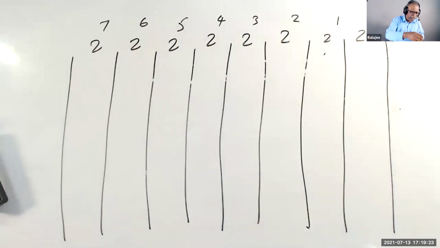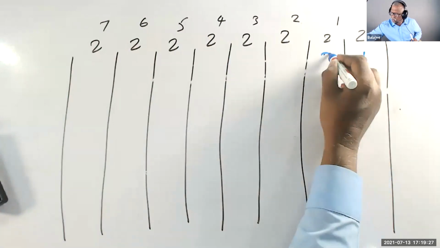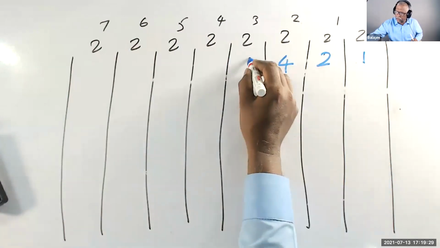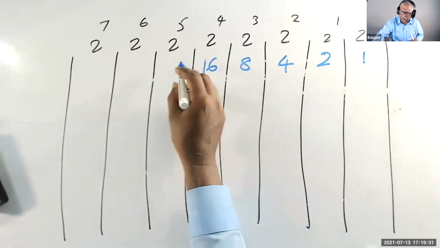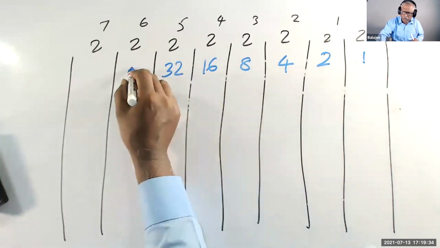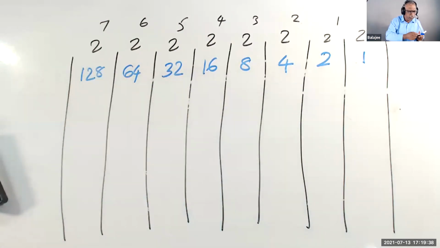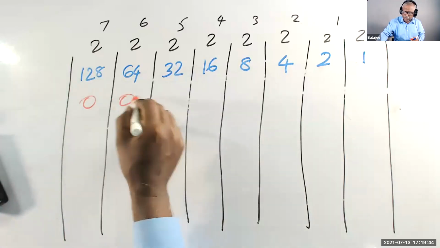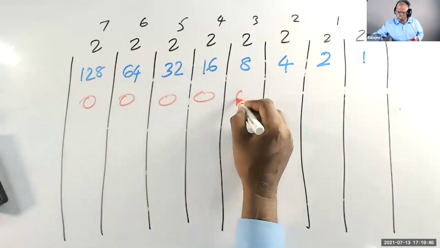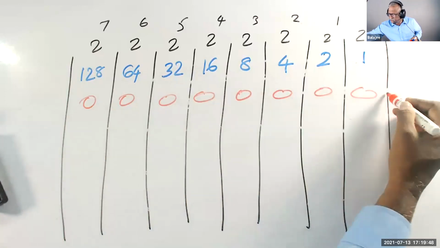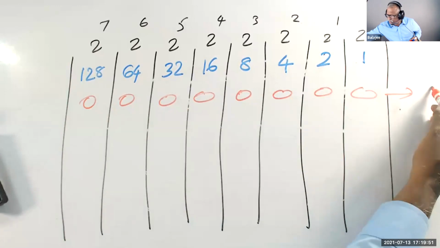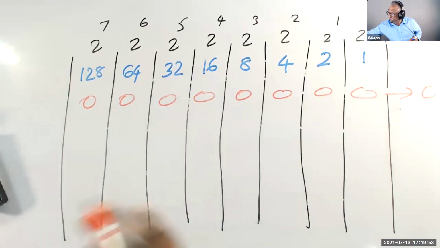Let us use a different pen, it's easy to understand. 1, 2, 4, 8, 16, 32, 64, 128. So if I now write a number here, 0, 0, 0, 0, 0, 0, 0, 0, then the result is all zeros, you get 0.